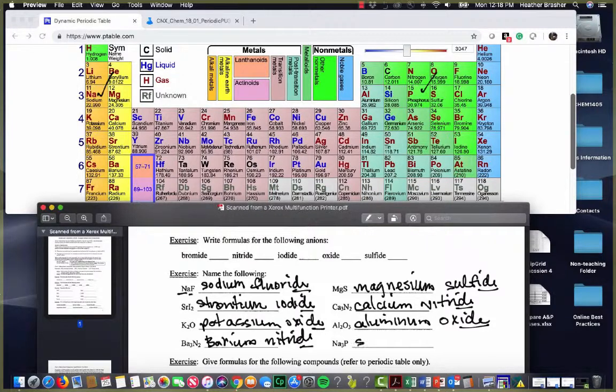So you're going to have sodium phosphide. So if you notice, the metal is always at the beginning of the name, and the nonmetal is at the end, and you drop the later part of the name and then put "ide."